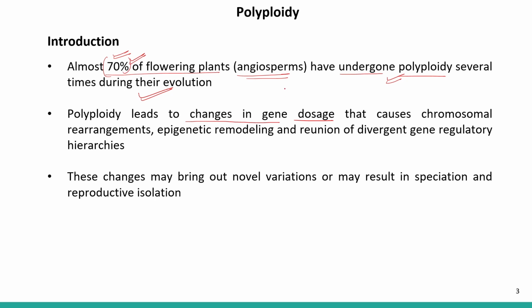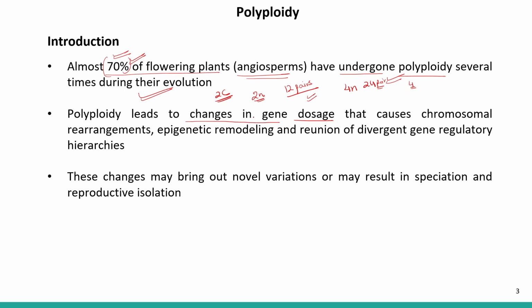So suppose a plant has 12 pairs of chromosomes, it means the gene is present in the paired form, that is 2n, that means 2c. And when it doubles, meaning tetraploid, it will become 24 pairs, and every gene will be present 4 times.